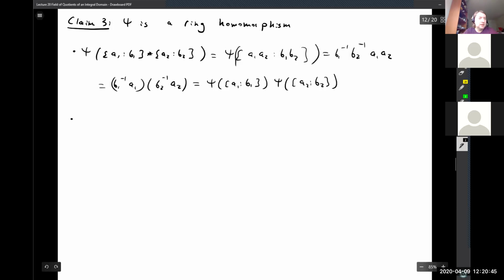Now, the same thing goes with the addition of two quotients. So if we add a1 over b1 to a2 over b2, this is what we get.